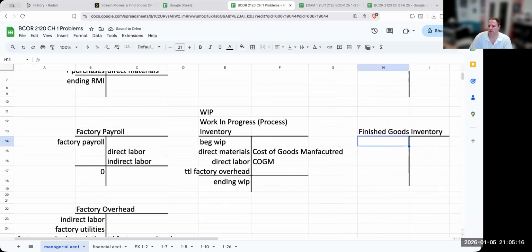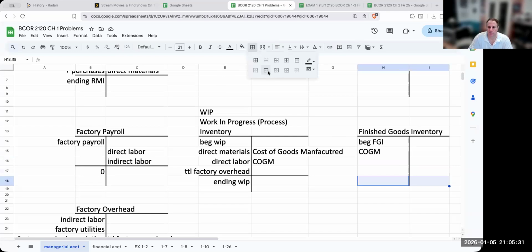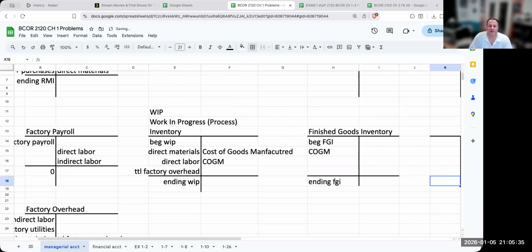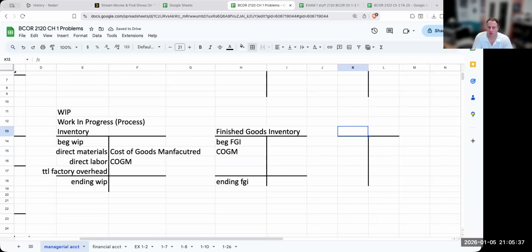Over here with finished goods, we're going to have our beginning finished goods inventory plus what we produced during the month, meaning what we had in our work in process and sent out to production. This is going to go to our finished goods inventory, and this is going to be our ending finished goods inventory. And then the difference, whatever we basically sold, comes over here.